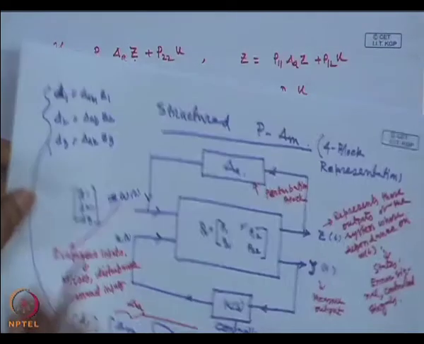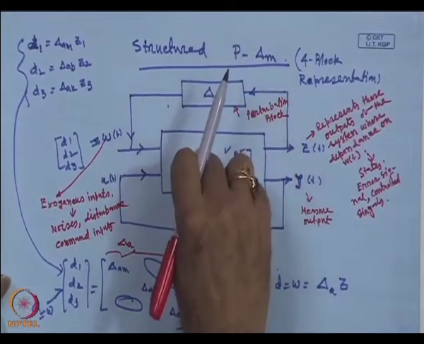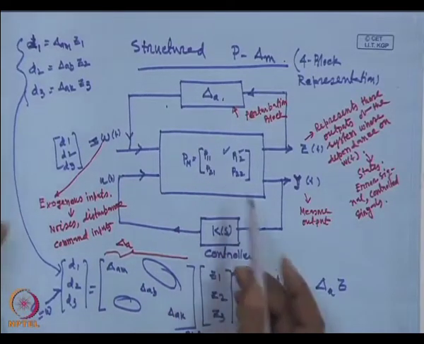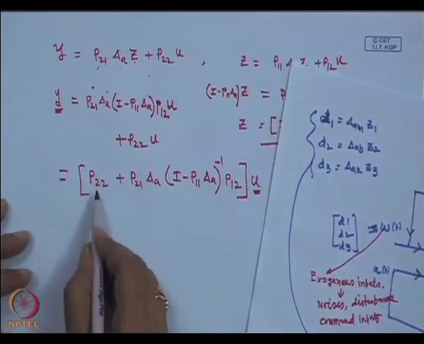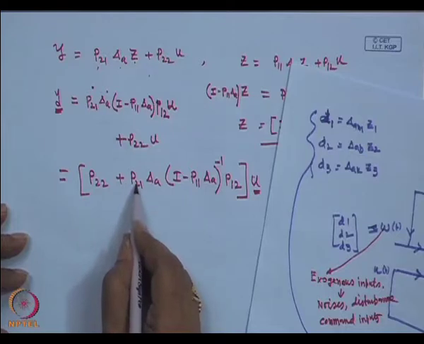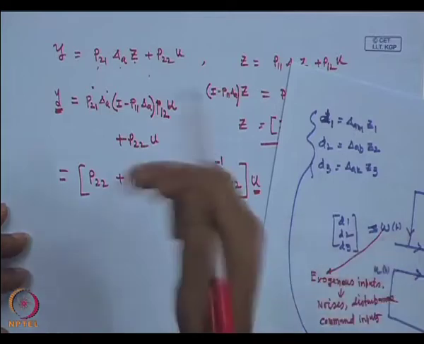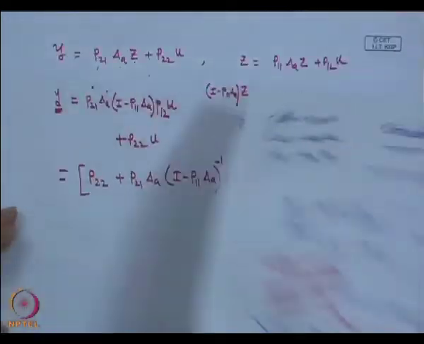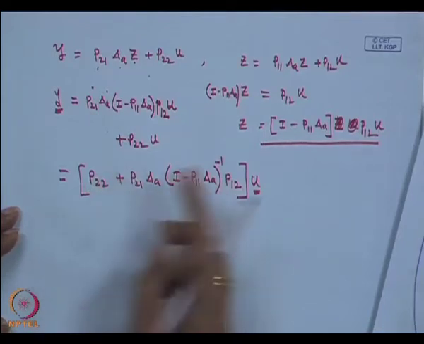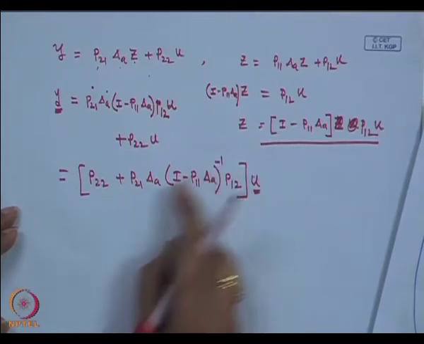When you are merging the upper block into this block, you consider the lower part, P22, the first index, second index P22. Then P21 delta A, the perturbation we are merging, multiplied by I minus P22 already considered, what is left is P11, multiplied by delta A, whole inverse.